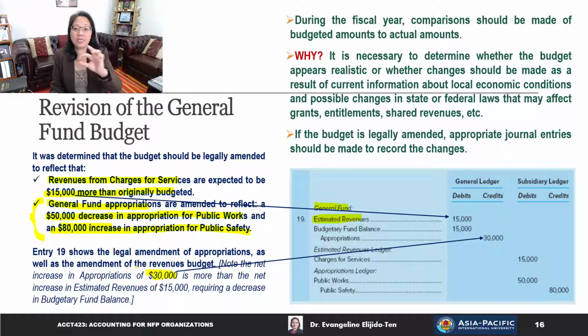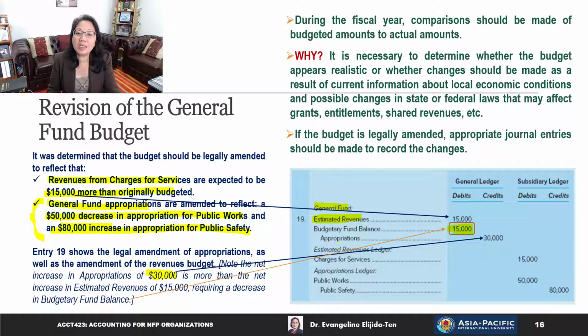And so the difference between the estimated revenues of 15,000 and the appropriations of 30,000 will be 15,000, and that would be debited to budgetary fund balance. So the budgetary fund balance is the balancing figure here. Because our credit is greater than the debited amount of estimated revenues of 15,000, the budgetary fund balance needs to be decreased by the same amount, $15,000.